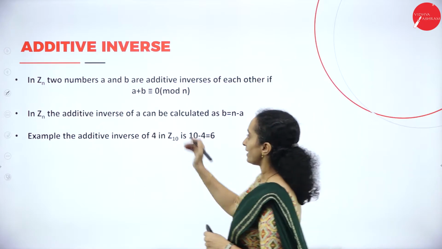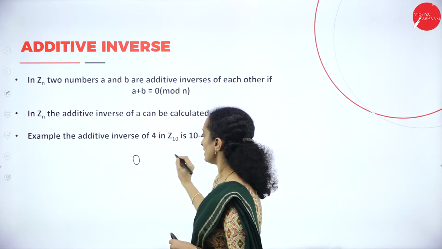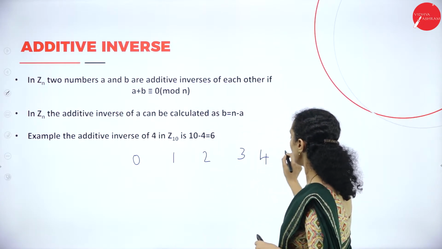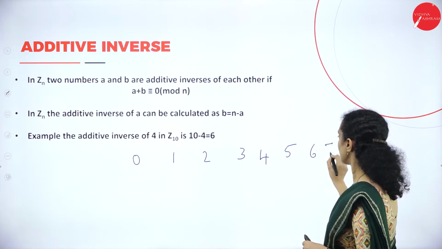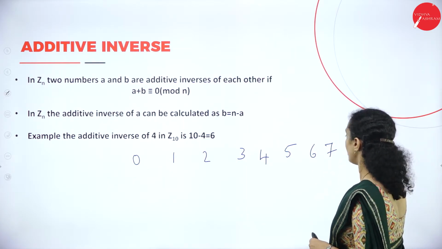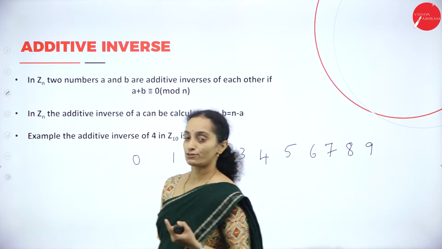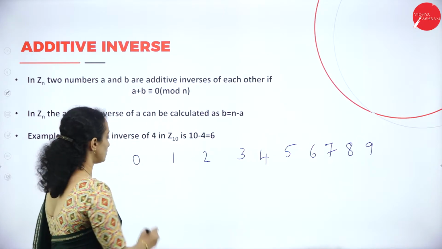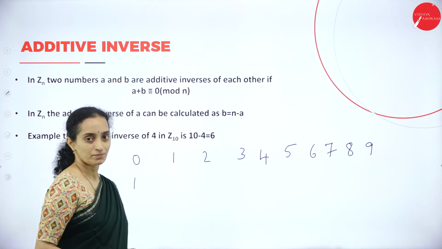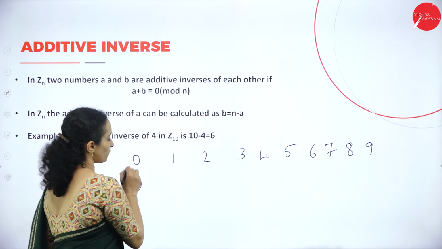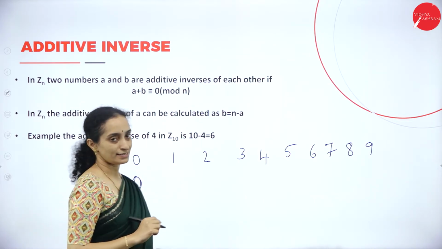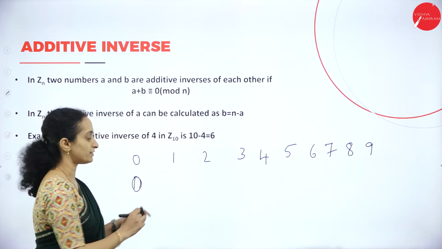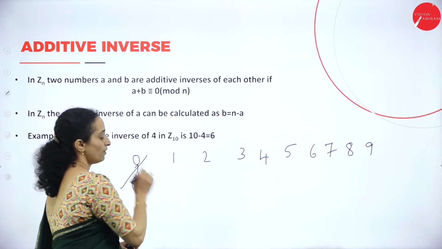If you take the numbers 0 to 9, the additive inverse of these characters will be as follows. For 0, the base is 10, 10 minus 0 is 10 or 0 itself. 10 is not there, only 0 to 9 is there. So 0 itself, in a reverse cyclic order, is the inverse of 0, which is not a valid one.